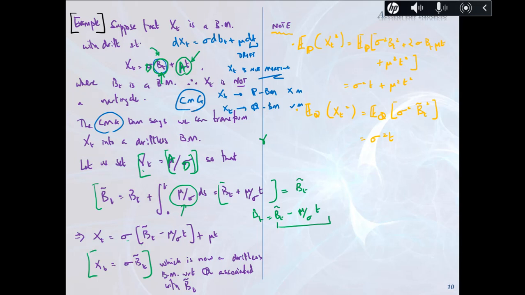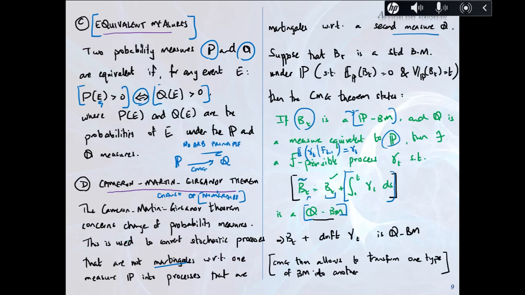You will see that the expectation under P of Xt squared has the drift term raised to the power of 2, the square of the drift term. But if we take Xt squared under Q, it only has the volatility component, and we don't have the drift. It is clearer now that we use the CMG to convert a process which is defined under a probability measure and doesn't obey the martingale property.